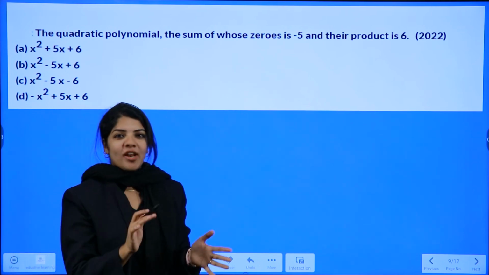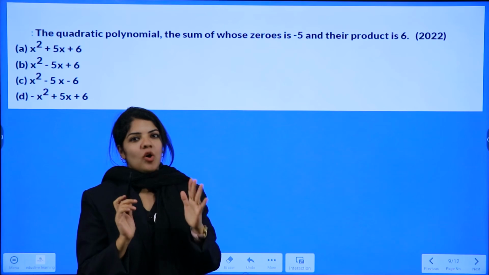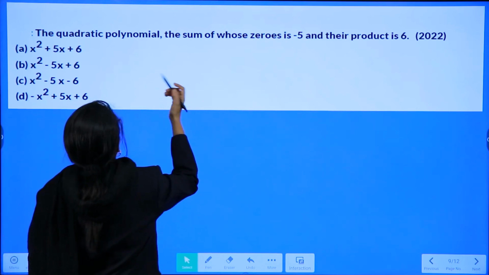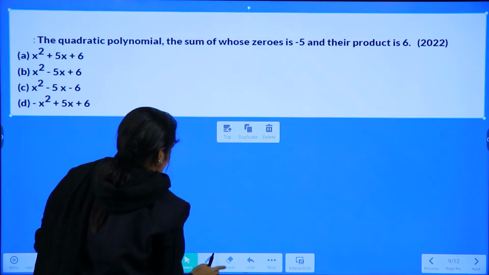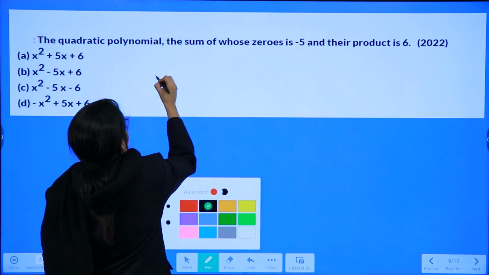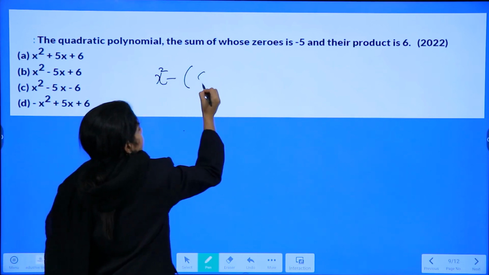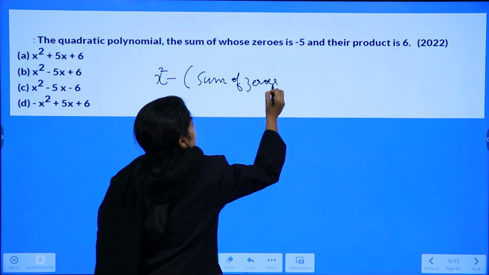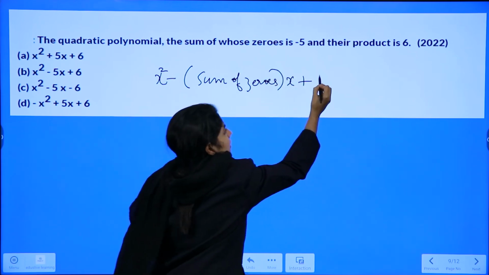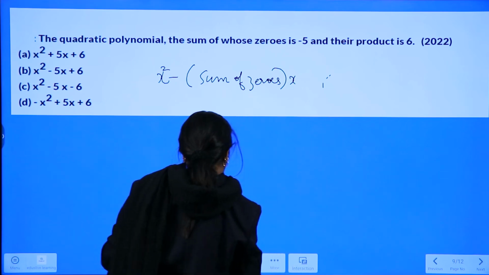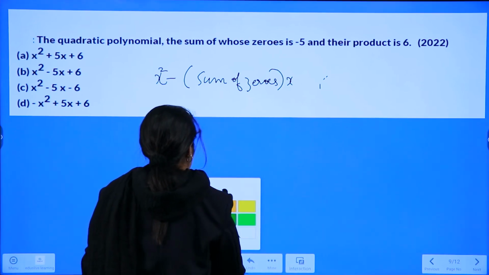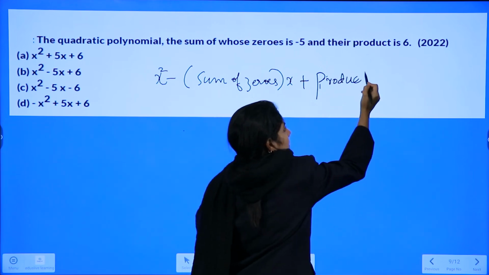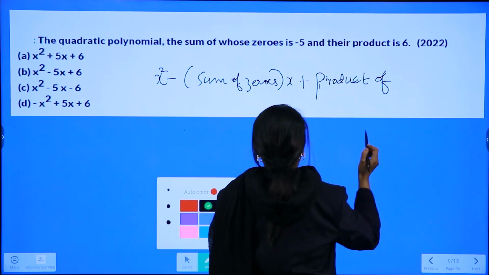So if the sum and product are directly given, you can write a quadratic polynomial which is given by x square minus sum of zeros x plus product of zeros.